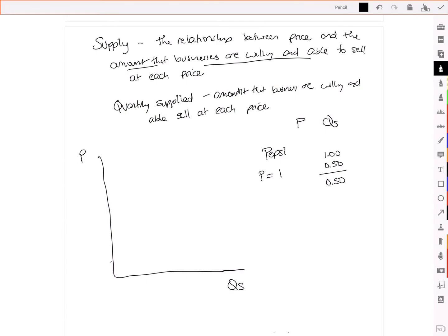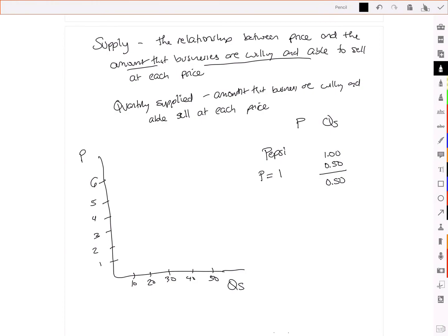And let's say, okay, let's make our graphs match. 1, 2, 3, 4, 5, 6. And for the quantity supplied, let's do a simplification: 10, 20, 30, 40. Yes, I know Pepsi makes millions of cans, but let's simplify this into an easy problem.